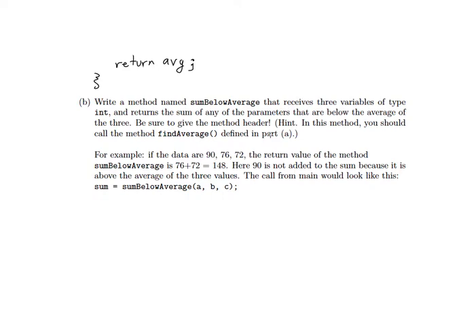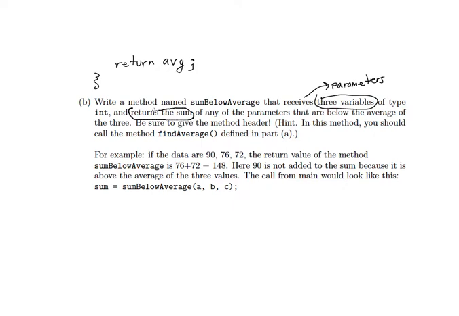Part B says write a method. Okay, so I have to write a method named sum below average. Here's 3 parameters. Whenever you see the word receives or given or anything like that, that means these are parameters, and returns the sum.